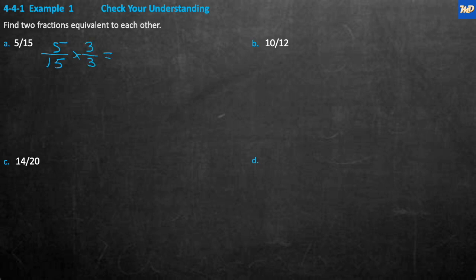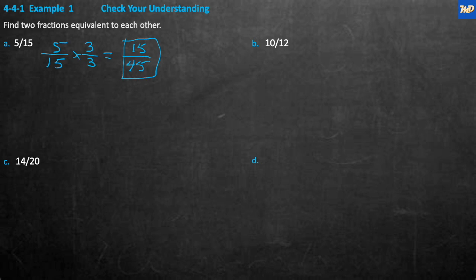So what does that equal? 3 times 5 is 15, and 3 times 15 is 45. So what this is telling us is that 15/45 is the same as 5/15.